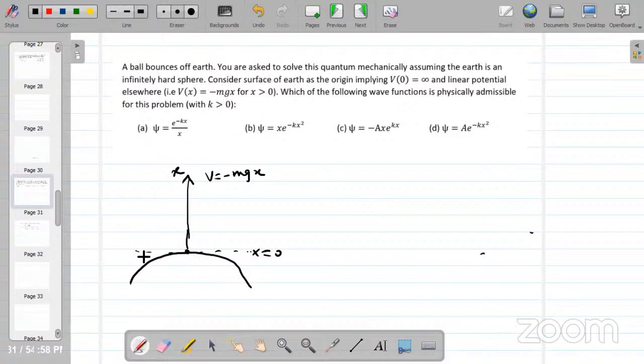And here V of 0 will be infinity. So what? Any guess, or any clue?